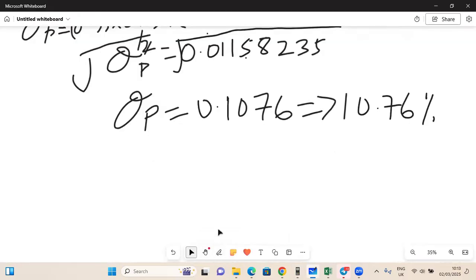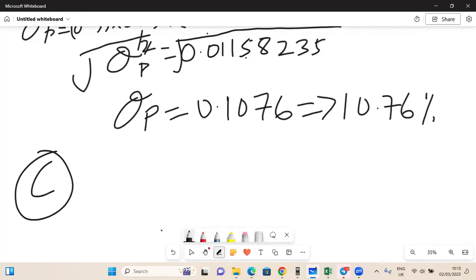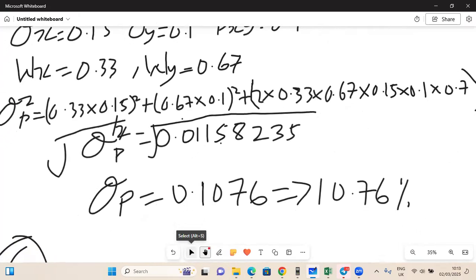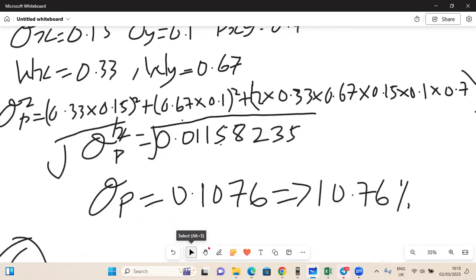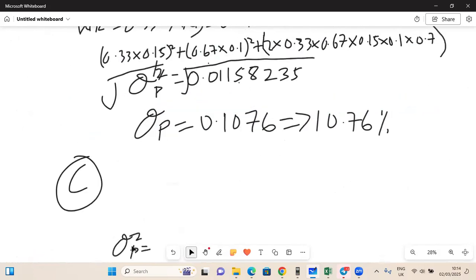So when the correlation coefficient is now +1, let me just copy this and put it here. This is now what the formula looks like.